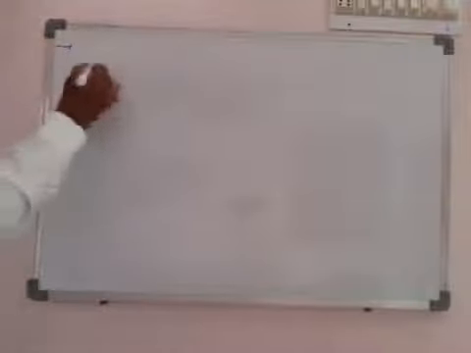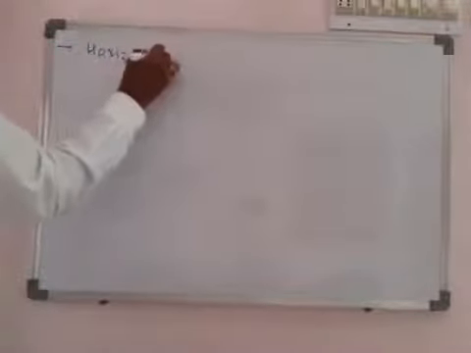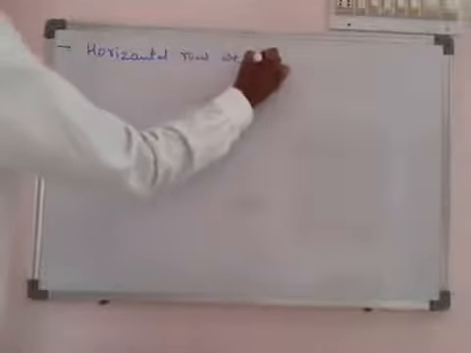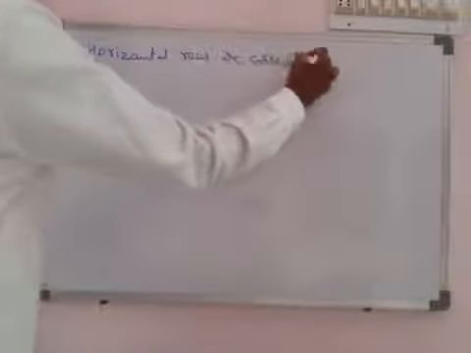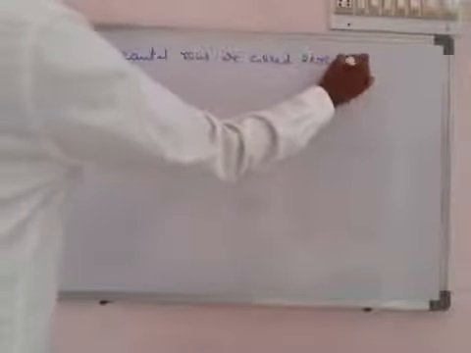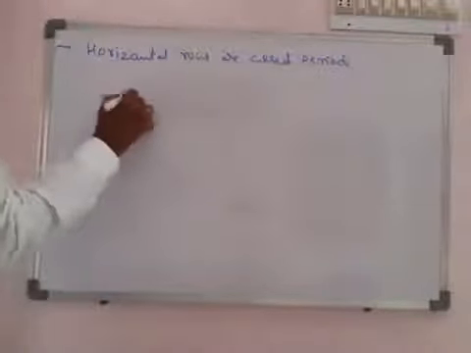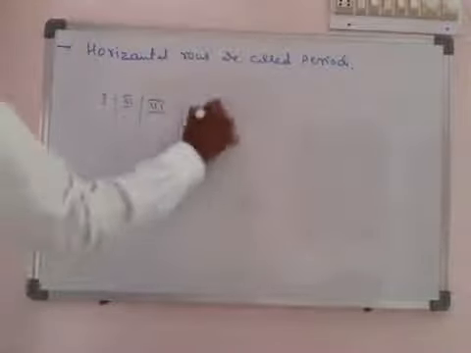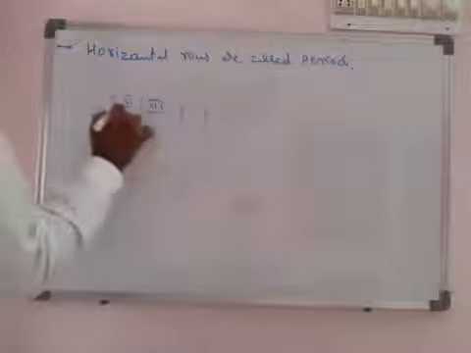So this was about the groups. Next, horizontal rows are called periods. Okay, for example 1, 2, 3. The vertical columns are groups.